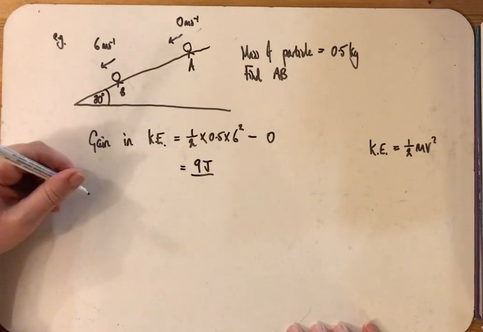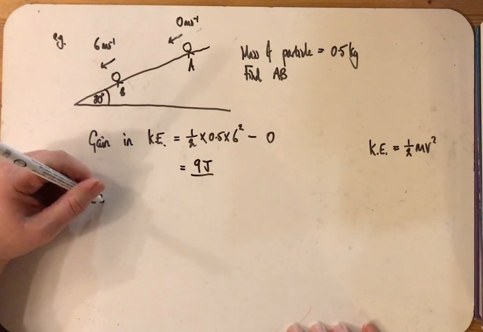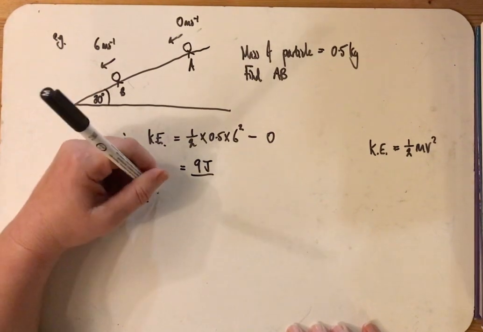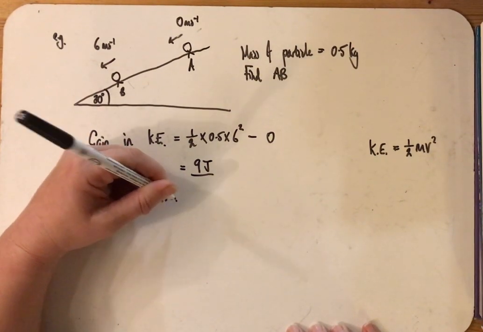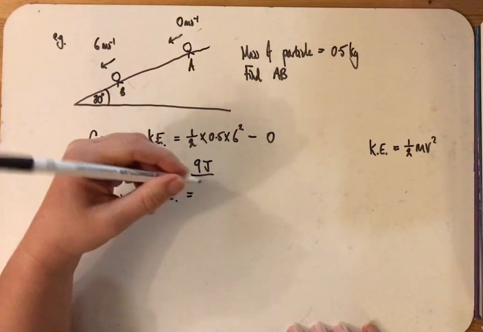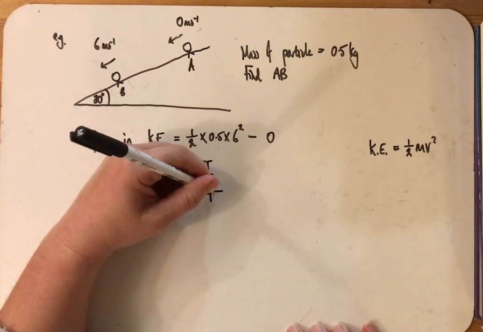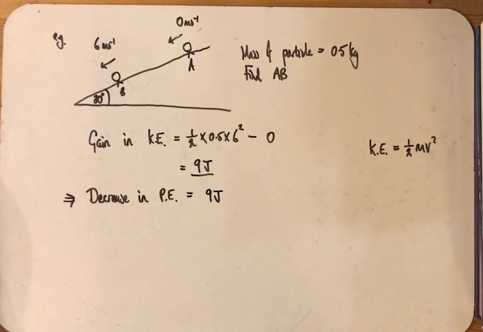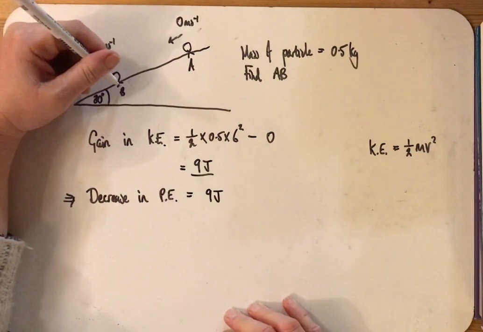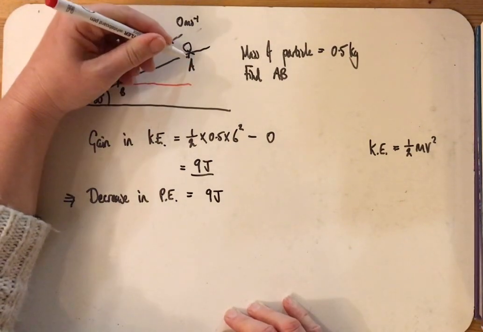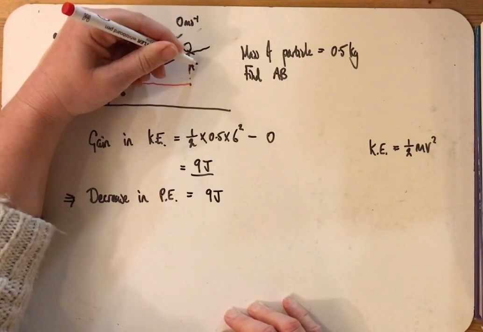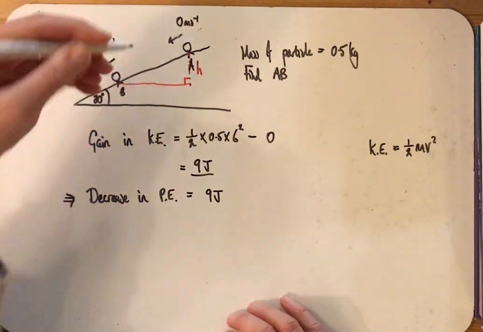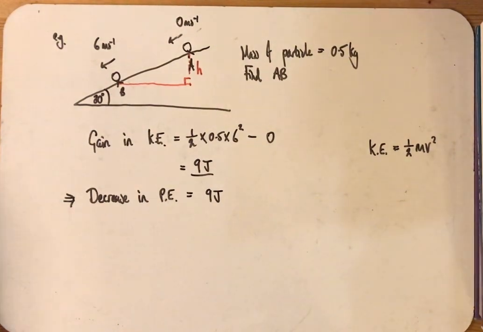So therefore the decrease in potential energy, because there's no other forces acting, is equal to 9 joules. The decrease in the potential energy is going to be mgh, where h is the height the particle drops down by moving along the slope.